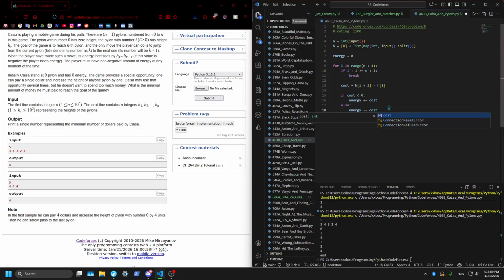Wait, if cost is less than 0, if energy minus cost is less than 0, okay, energy 0, money 0.